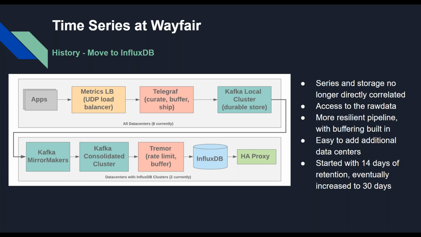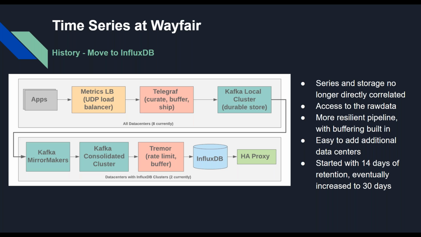In terms of what this gave us around our previous problems, series was no longer the driving factor in terms of storage. It was just the sheer number of individual points of metrics coming into the pipeline. By getting rid of statsd, we were able to allow our end user customers, the internal engineers at Wayfair, to access more of their raw data.